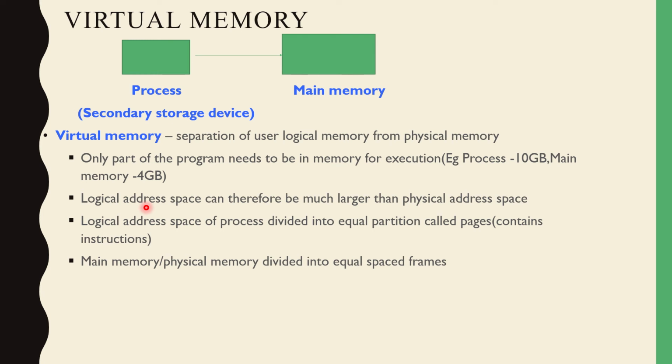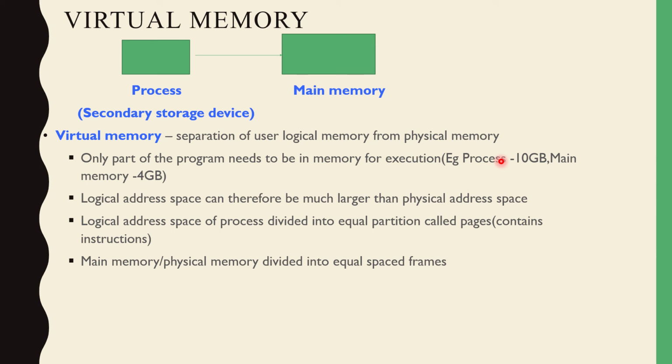That logical address space can therefore be much larger than the physical address space. In this example, your process is 10 GB, so the logical address space you need is 10 GB, which is much larger than your physical address space of only 4 GB.